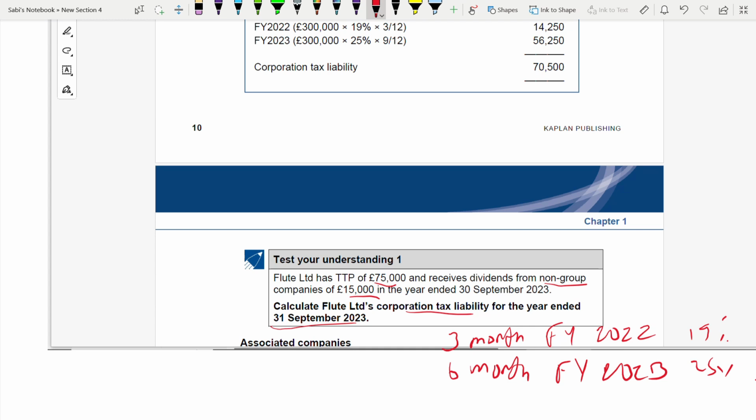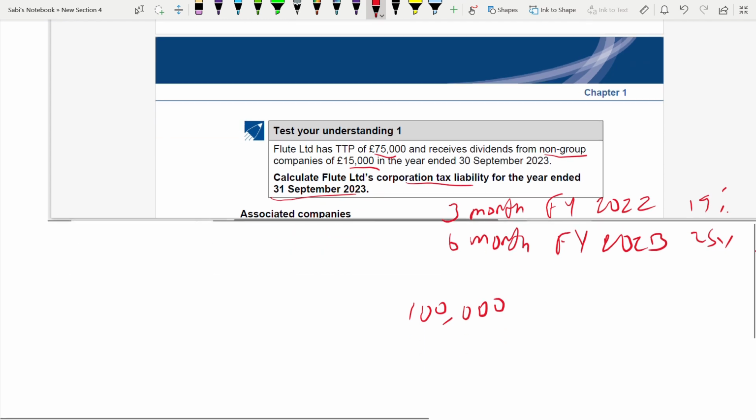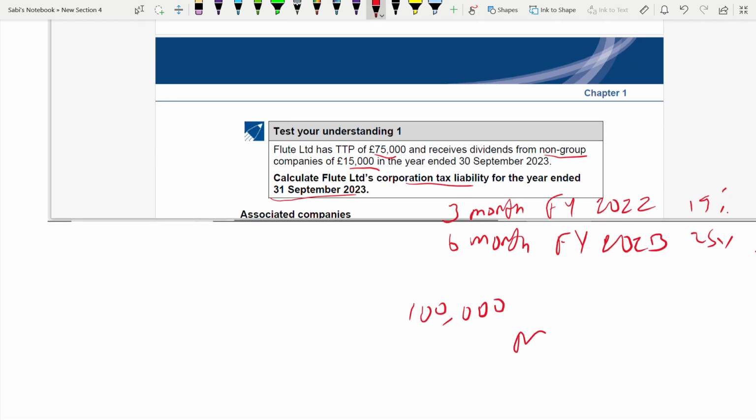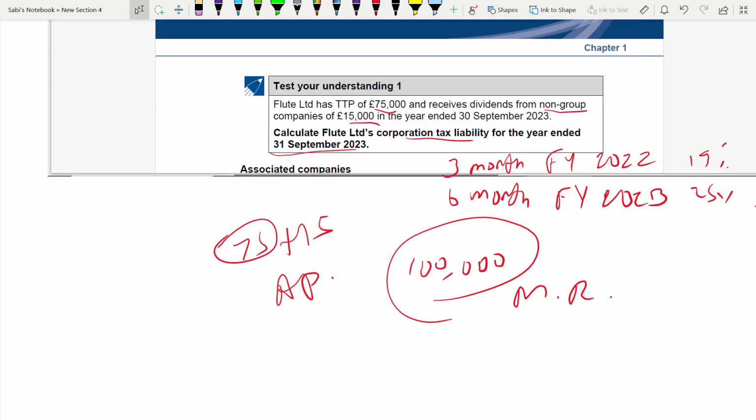So you have to add both and you will get 100,000. If you see, 100,000 is between 50 and 250, between the two limits. So you will get a marginal relief here. This is augmented profit after you add 75 and 15. 75 is the TTP, so just take 75,000 because that is the TTP.